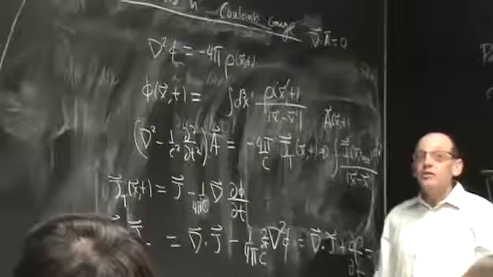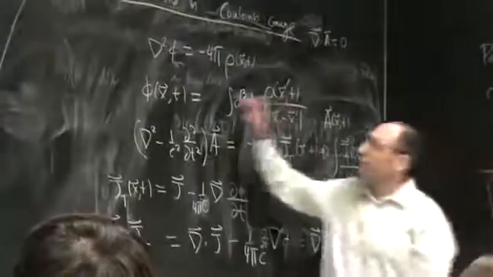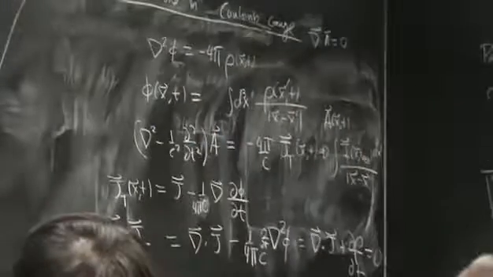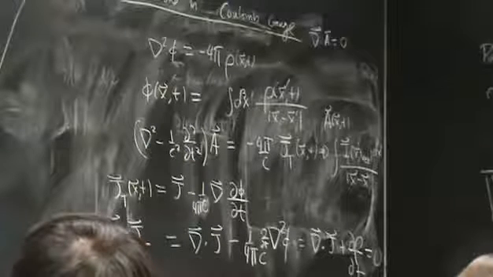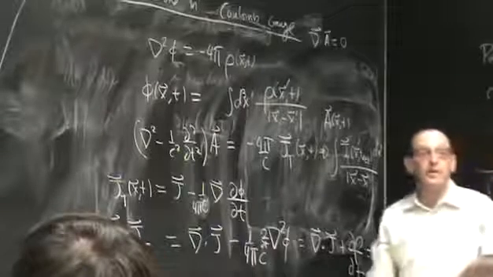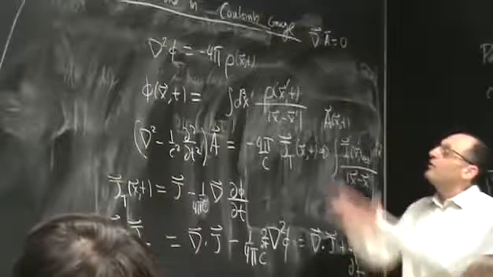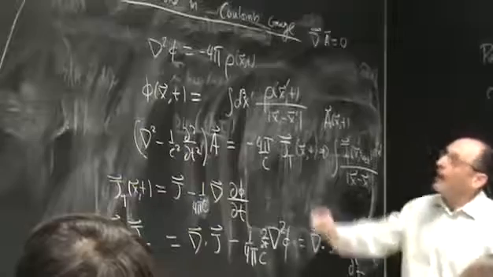Well, that's not really true. It's true in terms of what the potentials are, but it's not true in terms of what the fields are. The fields are still causal. We still use the causal Maxwell's equations. But we've broken it up in a weird way.